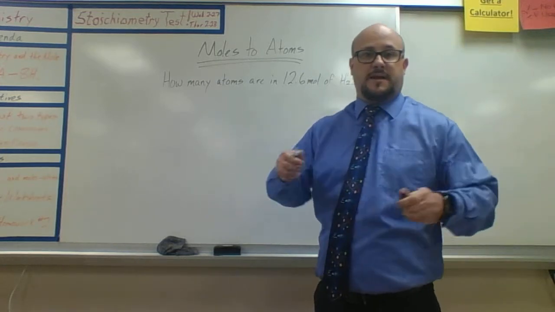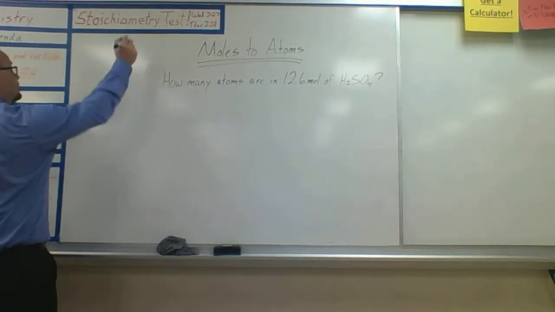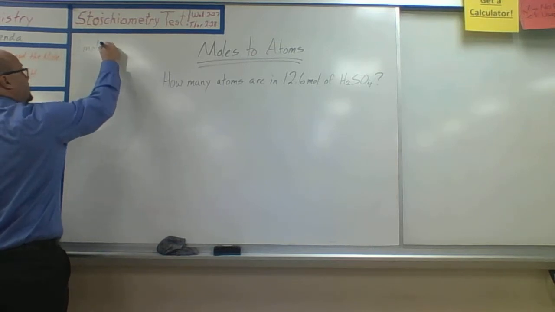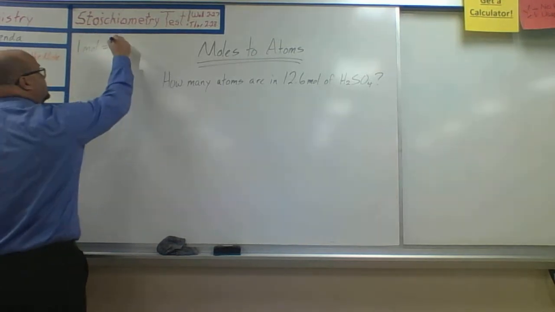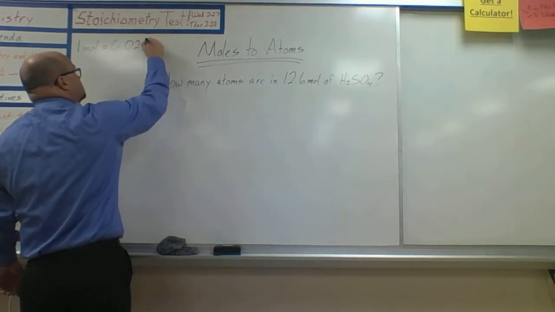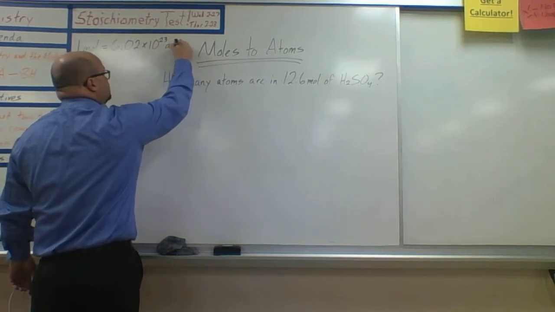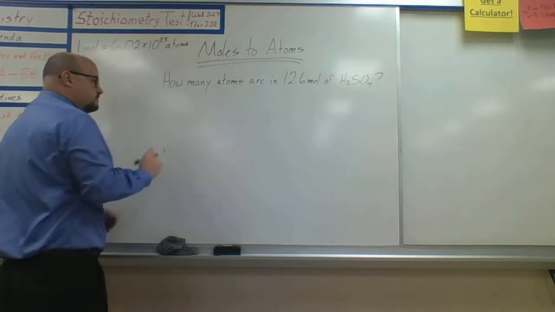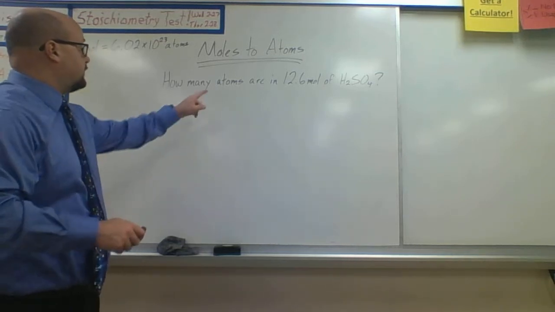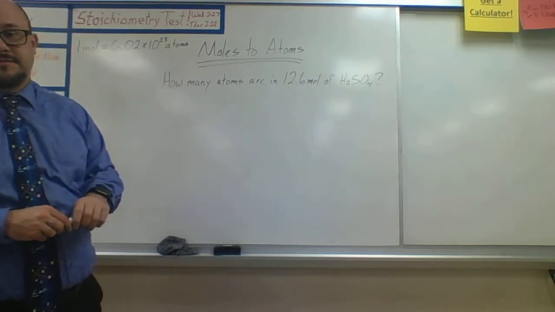For all atom or molecule conversions, we're going to use Avogadro's number, which equals 1 mole of any substance is 6.02 times 10 to the 23rd atoms. You'll use this in every calculation, whether you're going from atoms to moles, or in this case, to atoms.